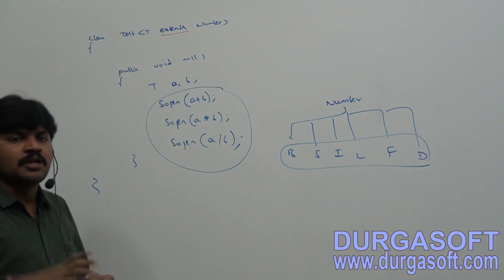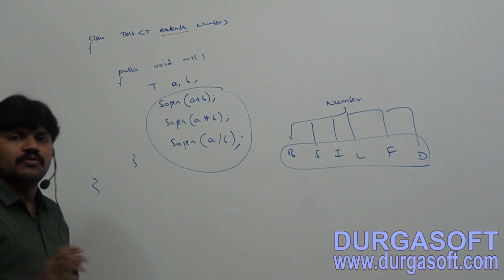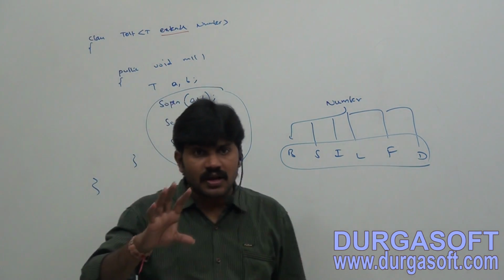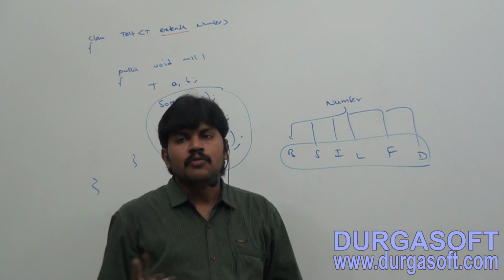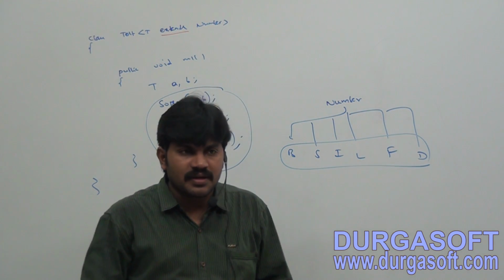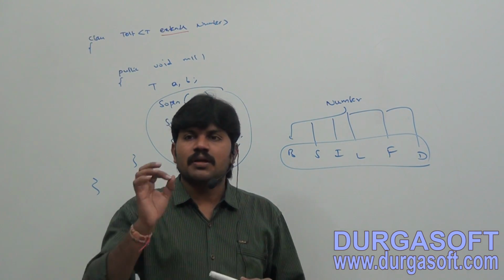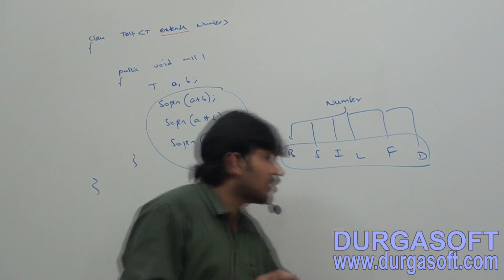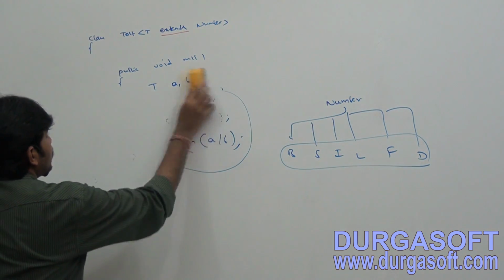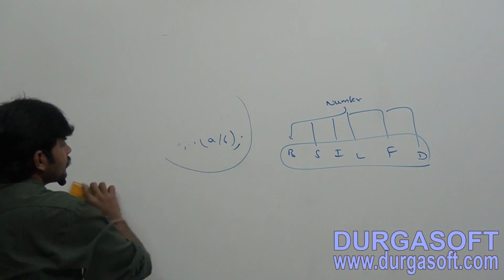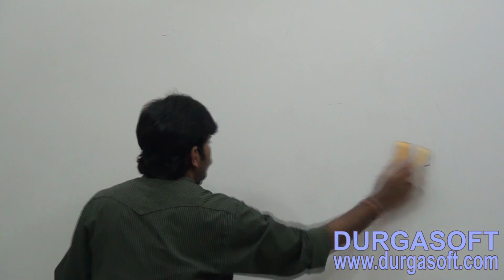If the functionality is applicable only for numbers, we can bound the type parameter up to Number type only. Such types are by default considered as bounded types. Clear for all of you? So we can bound the type parameter for a particular range by using the extends keyword.